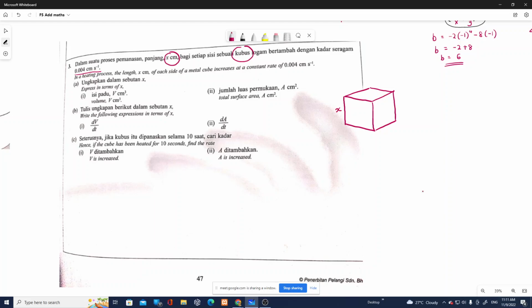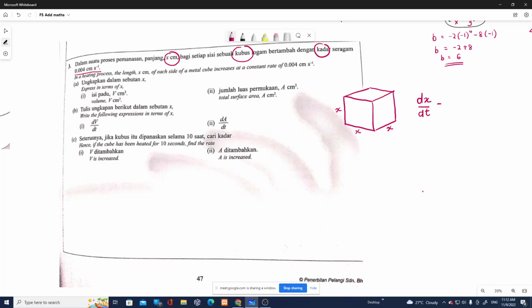Kita tahu kubus panjang sisi semuanya sama, lebar, tinggi, panjang semuanya sama panjang, so x lah. Dan dia punya maklumat panjang dia bertambah dengan kadar. So itu kadar dx bagi dt. Kenapa t? Sebab perkataan kadar tu bermaksud dia ada elemen masa di sini.